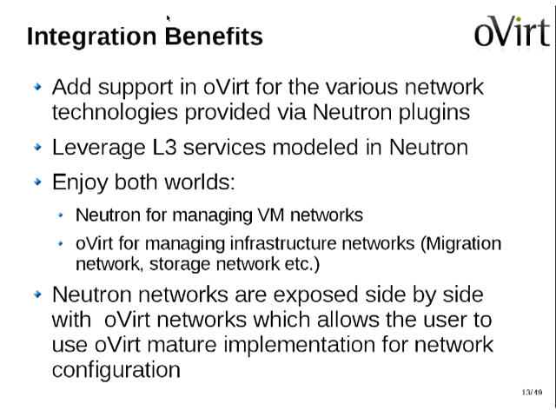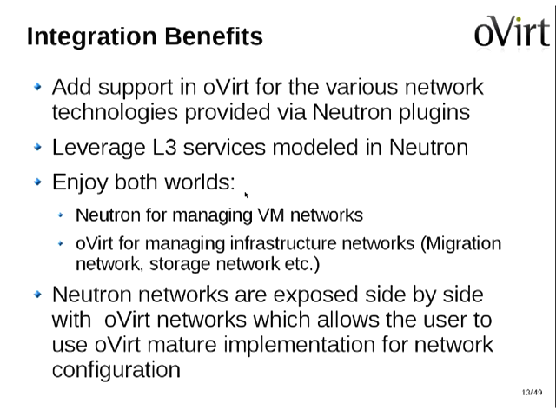So we want to be able to leverage these services to provide, for example, IP address management for the VMs, so that the administrator doesn't have to go physically to a DHCP server and configure it. He can just do it through oVirt, which will in turn do it through Neutron.